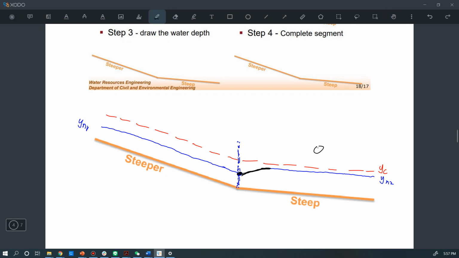This is area 1, this is area 2, this is area 3. So this transition curve here is denoted as S, standing for steep, and it happens in the third area. So we give it number 3. So this curve here is denoted as the S3 curve.